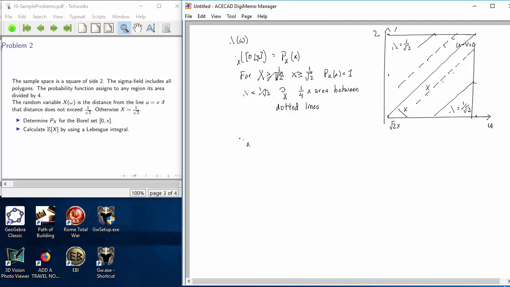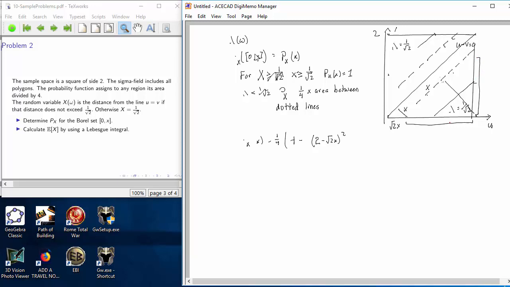Okay, working that out is elementary geometry. I have 1/4 times the total area, 4, minus twice the area of one of these triangles. So the area of one of these triangles is a half of 2 minus root 2 x squared. Fair enough. The triangle has that side. It has that side.